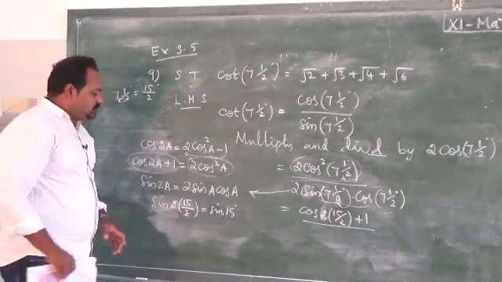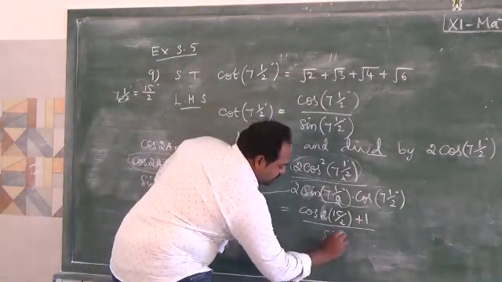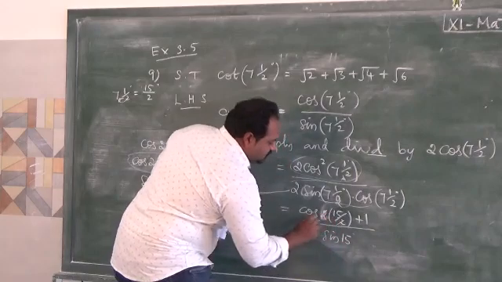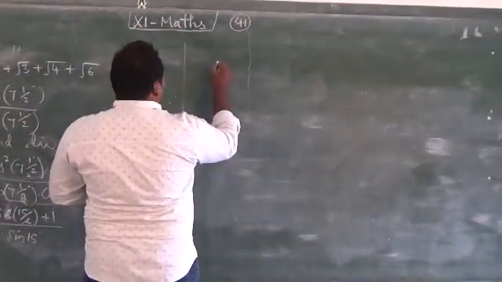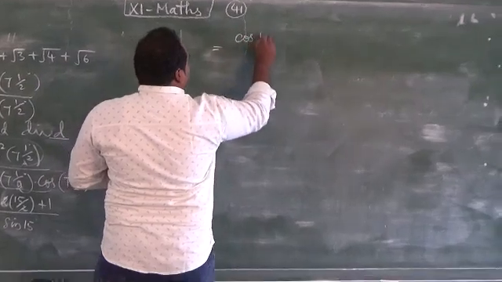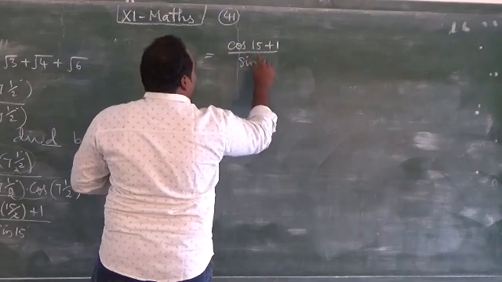If you cancel the 2, you will get finally sin 15 degree. The 2 cancels here also. So finally we have simplified the value to cos 15 plus 1 by sin 15.